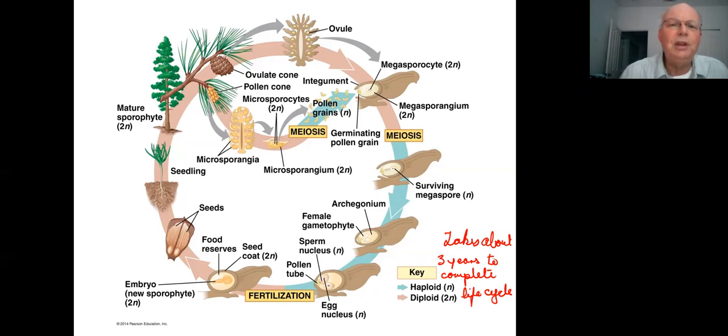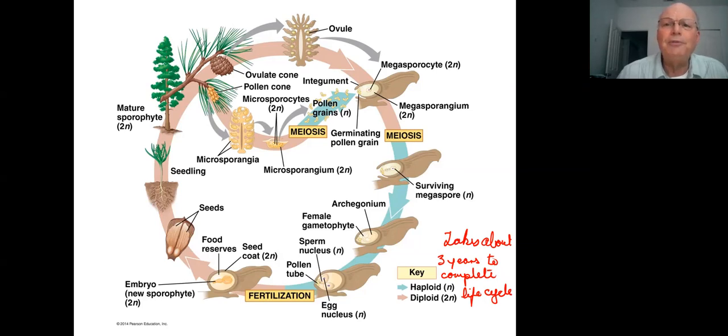During that first year, within the ovulate cones, at the base of the sporophylls, which are known as megasporophylls, the ovules develop. Usually there are 1 or 2 ovules at the base of each of the sporophylls. So the typical conifer that we have here in Florida usually has 2 ovules located at the base of each megasporophyll.